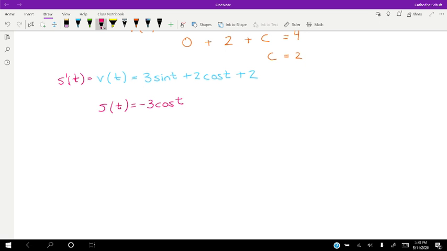When we take the derivative, it'll be positive sine. What function has derivative cosine? It's sine. What's the antiderivative of 2? It's 2t, because the derivative of 2t is 2. And then we need the constant plus c. Remember we can always check by taking the derivative and making sure we get back to the velocity.